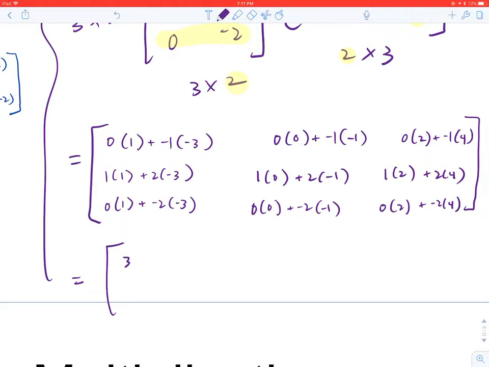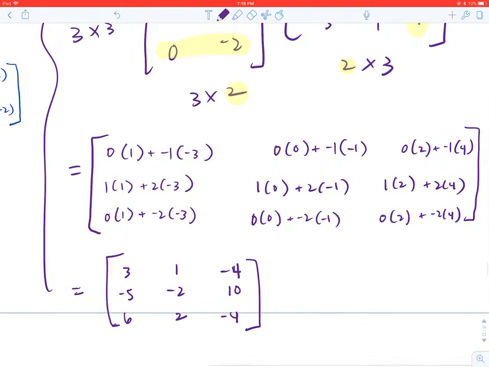Okay, so then simplifying each element: 3, 1, -4, -5, -2, 10, 6, 2, -4.